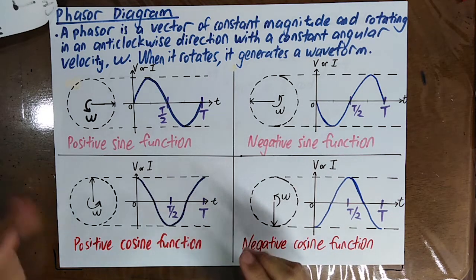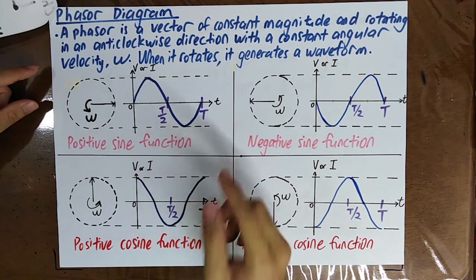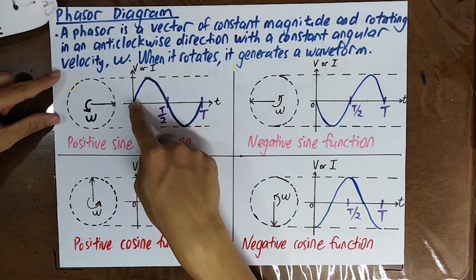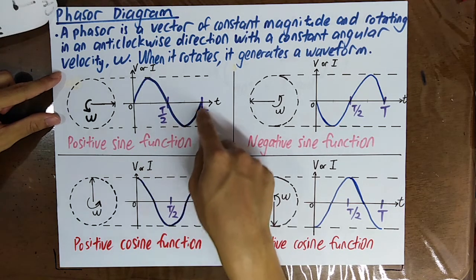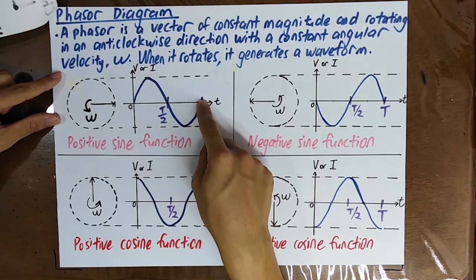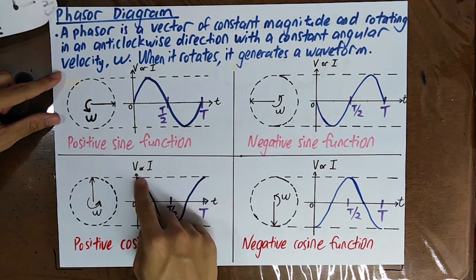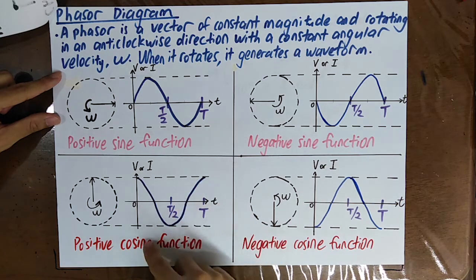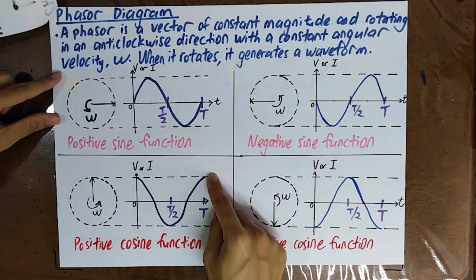Okay, so you really need to know this is a sine function by just looking at this graph. You also need to know this is a cosine function by just looking at this graph.